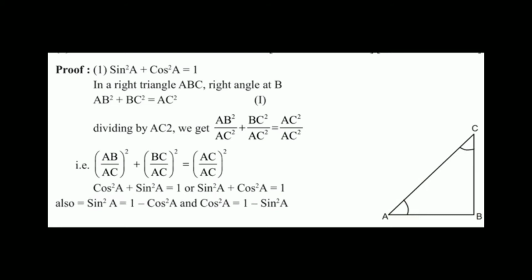And writing cos square A plus sin square A as sin square A plus cos square A, we get the desired trigonometric identity.